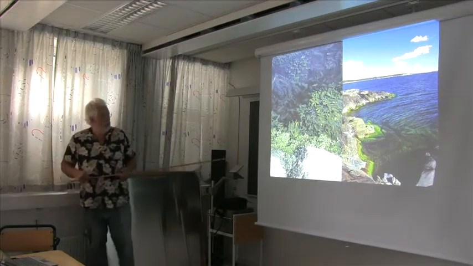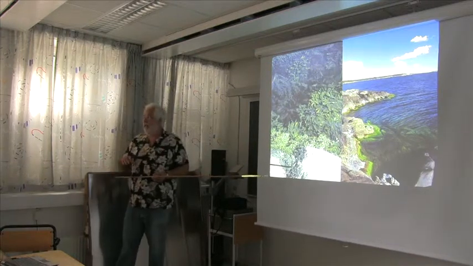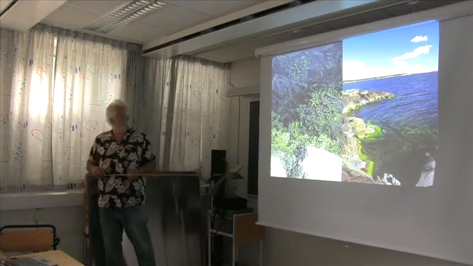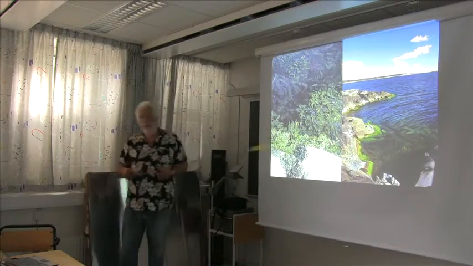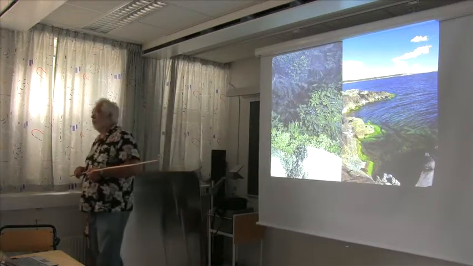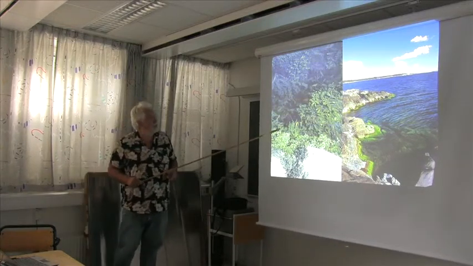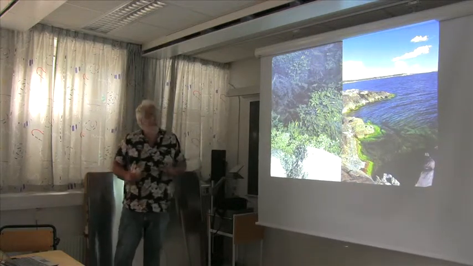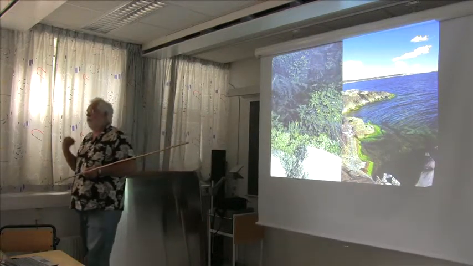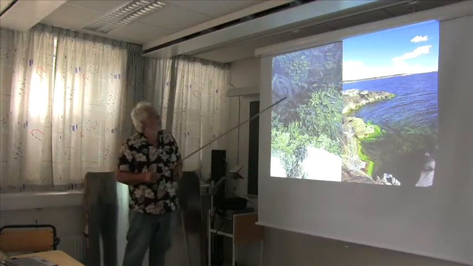Fucus vesiculosus is typical for growing above the surface. Below Fucus vesiculosus, there is usually a belt of Fucus serratus, also a Fucus, a kelp type of plant, brown algae. And below that, we see the occurrence of red algae, the large laminarians.